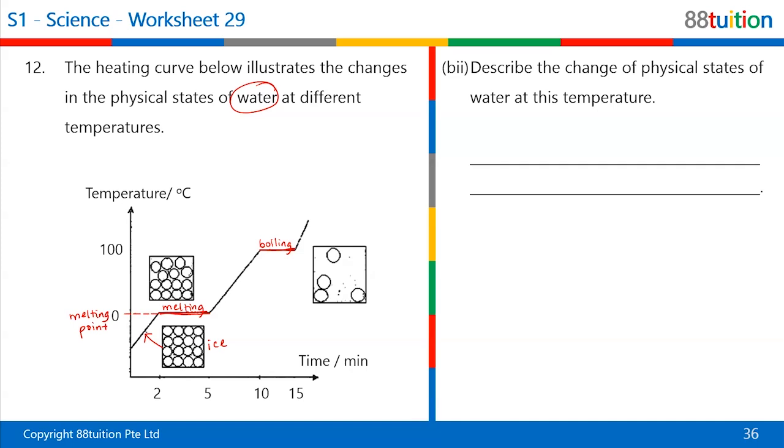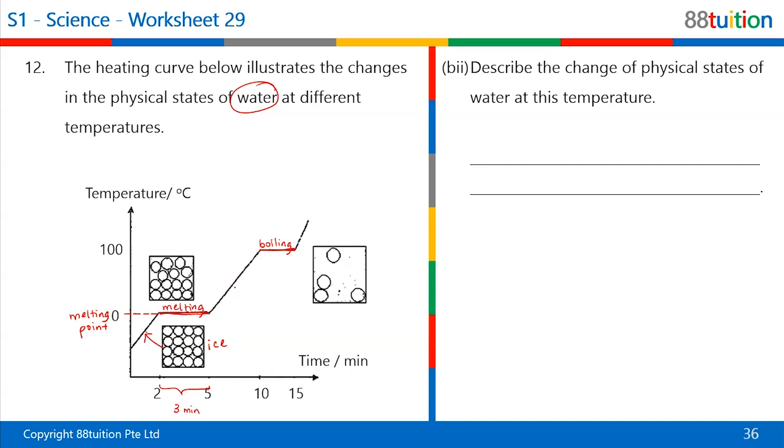If you read off the graph, this first horizontal line stays the same for some time, at 0 degrees Celsius for 3 minutes. The entire duration was 3 minutes. So the melting process took 3 minutes to complete. After that, it has totally melted.